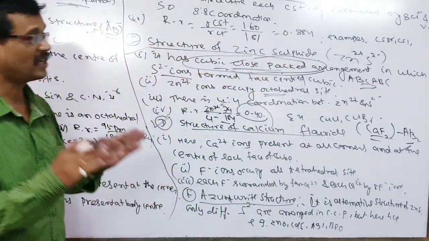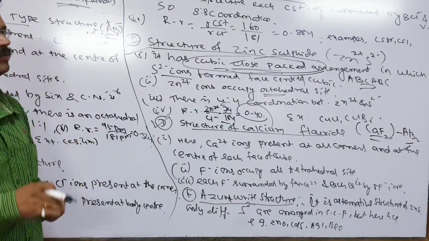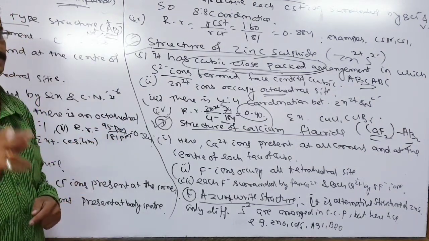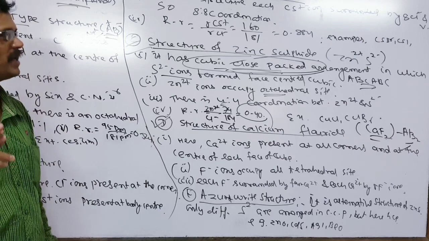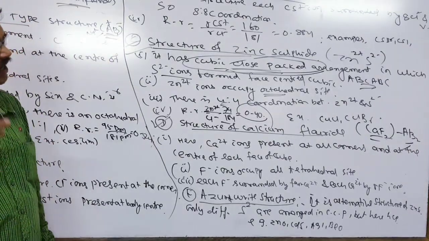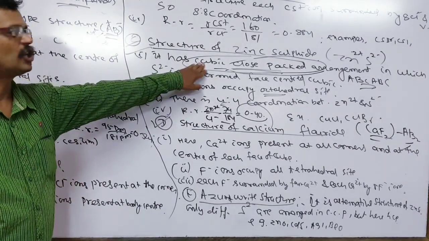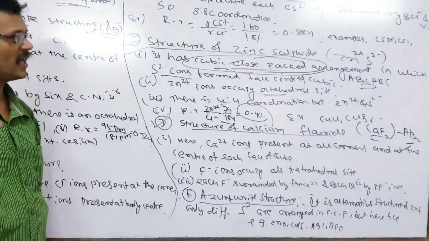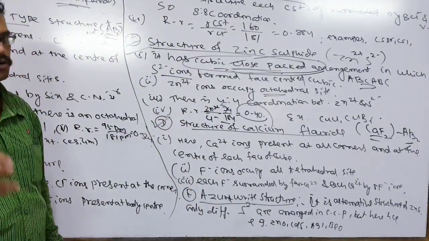In the three-dimensional case, we get two types of packing. One is ABC, another is AB. ABC type packing belongs to cubic close packing, whereas the AB type belongs to hexagonal close packing.